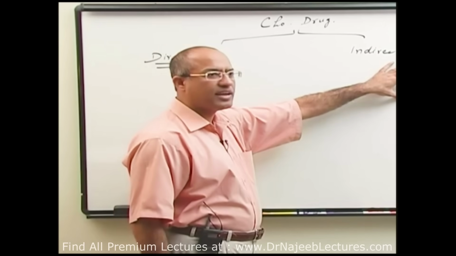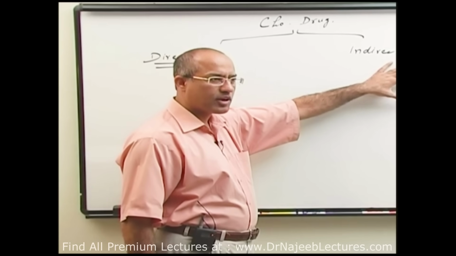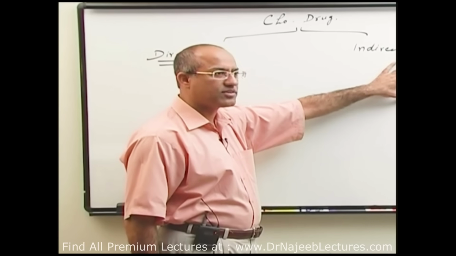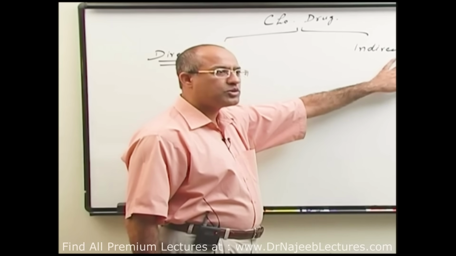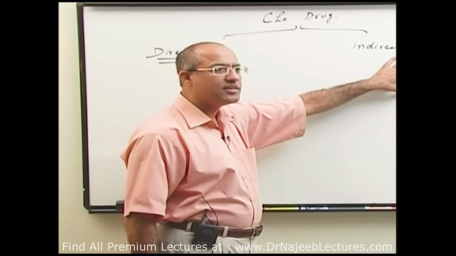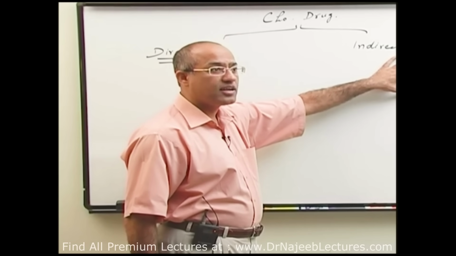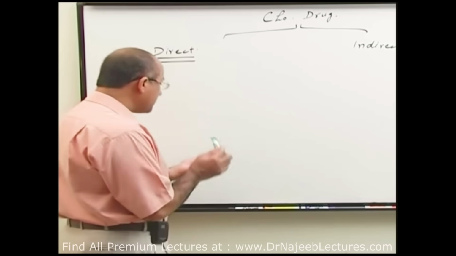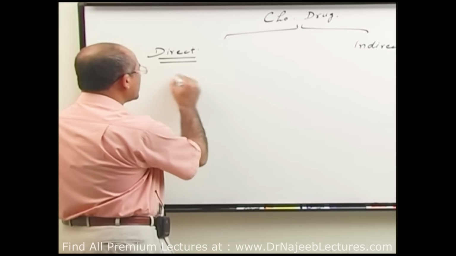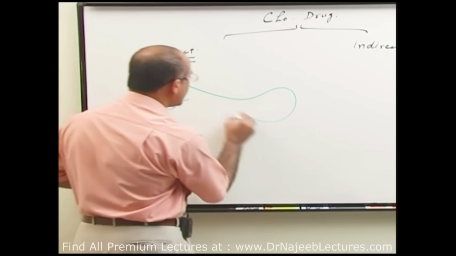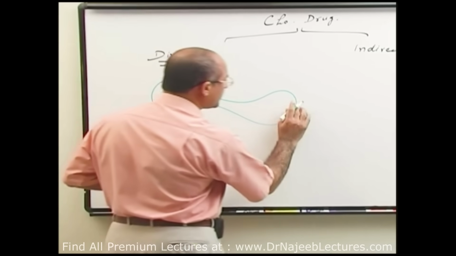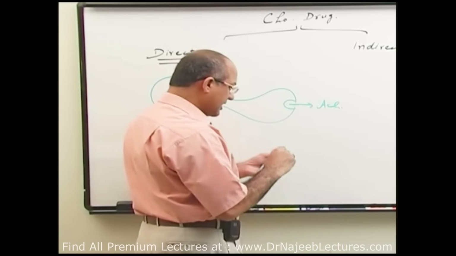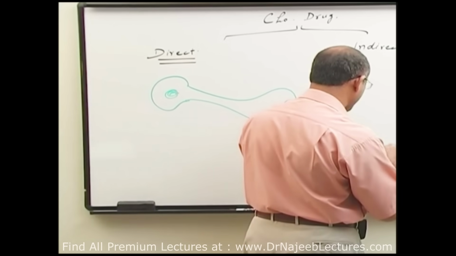We are going to discuss indirectly acting cholinergic drugs. Now what are indirectly acting cholinergic drugs? These are drugs which basically bind and inhibit cholinesterase enzymes. As I discussed last time, if this is a cholinergic neuron, and if this neuron is releasing acetylcholine here, it is going to work on this tissue.